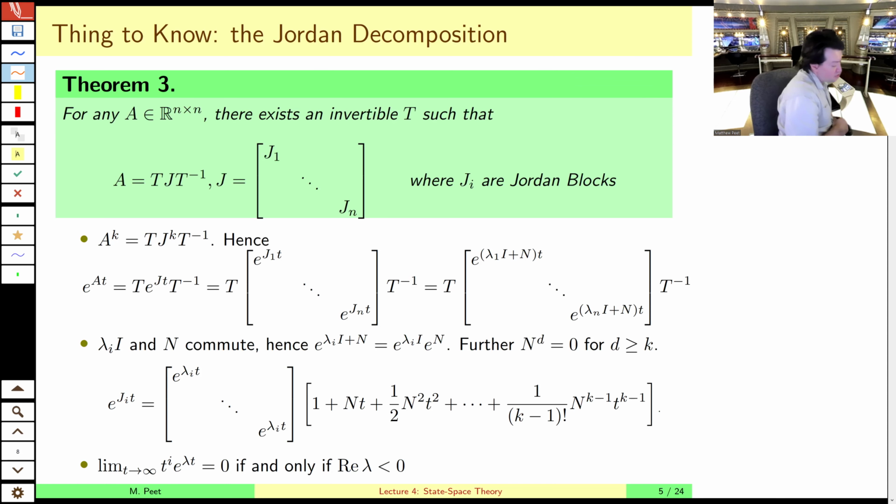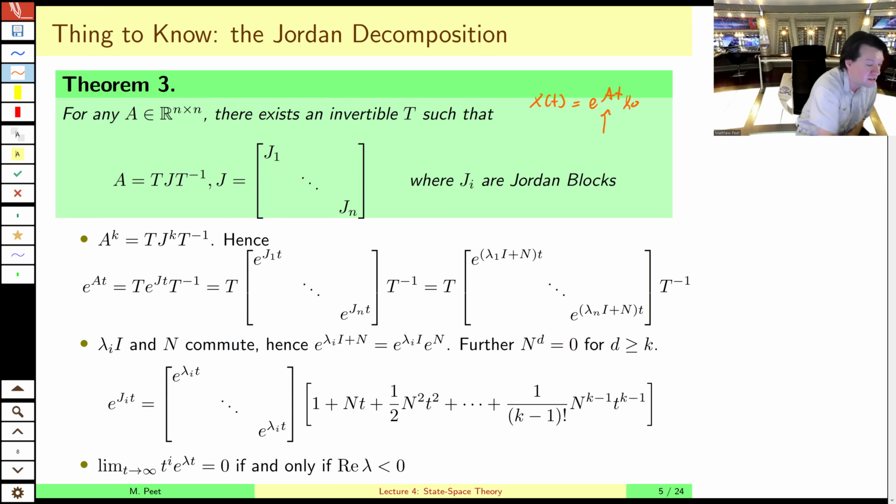So now we use those properties to tell us something about the properties of the solution. Remember, the solution is x of t equals e to the A t x naught, and so we want to look at this particular structure here. We have this nice useful property that all matrices are Jordan diagonalizable. Not diagonalizable, but Jordan diagonalizable.